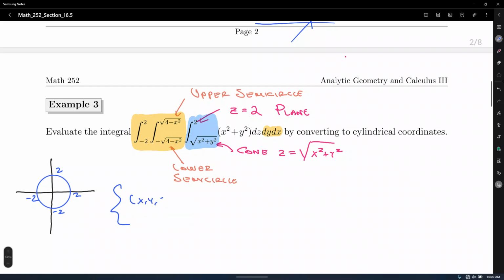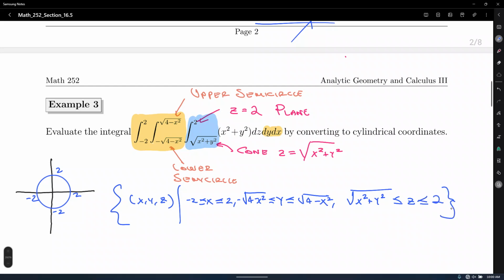That is x, y, z such that x varies between negative 2 and 2, y varies between negative radical 4 minus x squared and positive radical 4 minus x squared, and lastly, z varies below by the cone, the square root of x squared plus y squared, and above by the plane z equals 2.